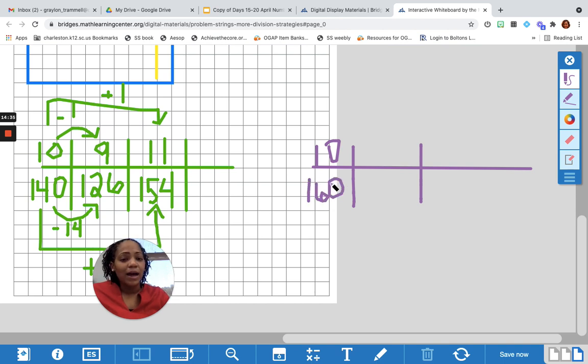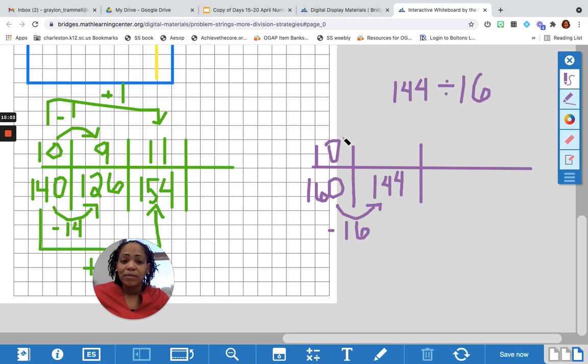Okay, but I want 144. Okay, so I'm going to write our problem up here just so that Ms. Trammell does not forget what she is solving for. Okay, I want 144, so this number is over the amount that I need. In order to get 144, I'm actually subtracting 16.